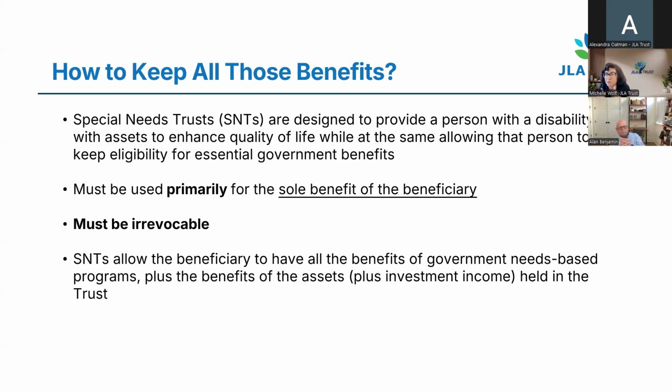So money in a special needs trust has to be used for the sole benefit of the beneficiary. What that means is once the money is in the trust, you can't pull it out. No matter, like, grandma needs cancer treatment somewhere, sorry, you cannot pull it out and use it for grandma's cancer treatment. You can only use it for the person with the disability. A happier example is going to Disneyland, right? We're in Southern California, people want to go to Disneyland. You cannot take the entire family to Disneyland with the special needs trust.